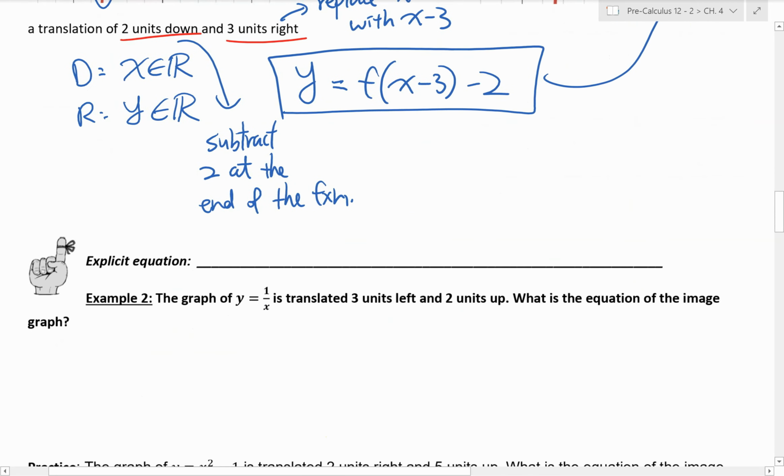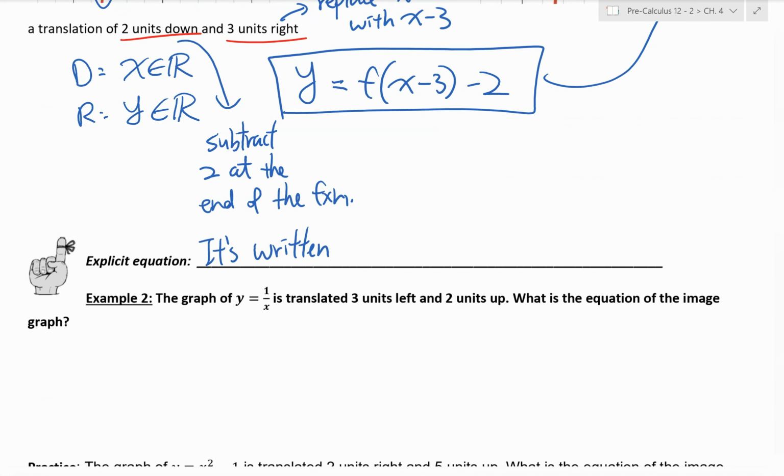Explicit equation. This is something that we've done in the past. In calculus, we will be dealing with something called an implicit equation that you probably haven't seen.